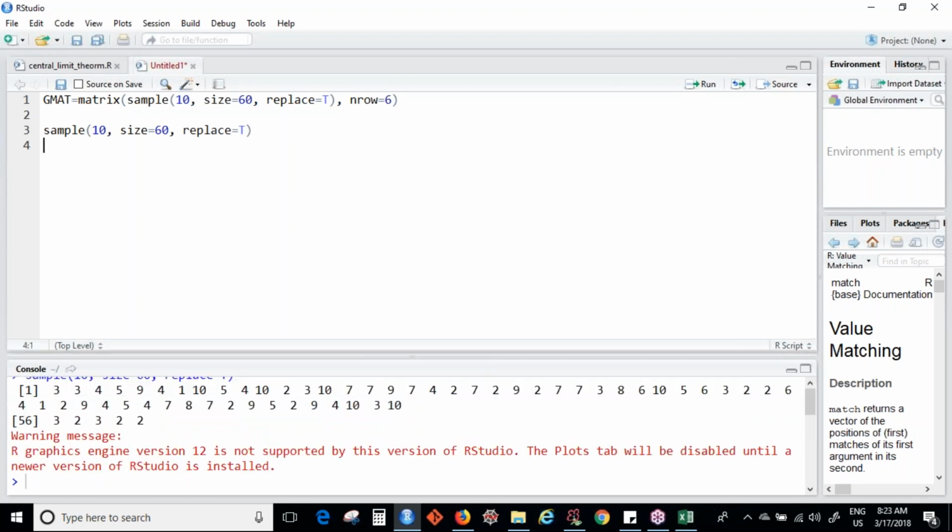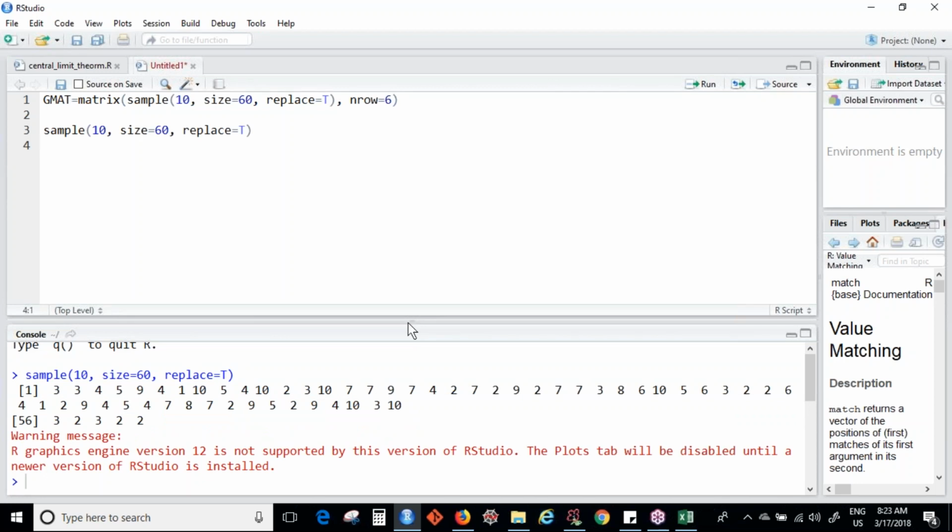Oh, this is strange. I think what's going on here is it is taking 1 to 10. So if you give just 10, it assumes that you want to go from 1 till 10, not just 10.